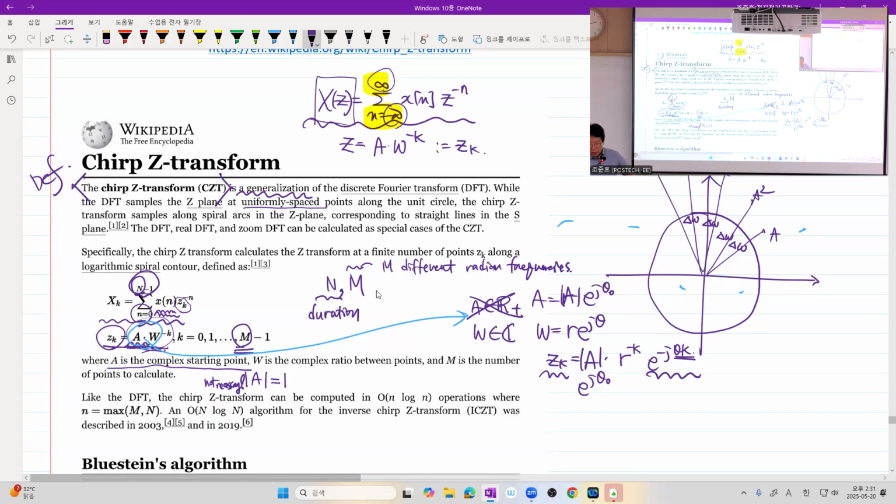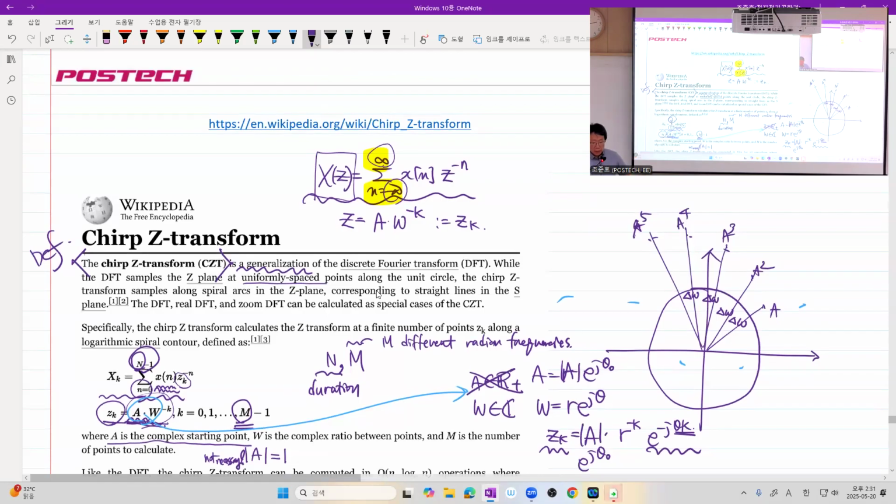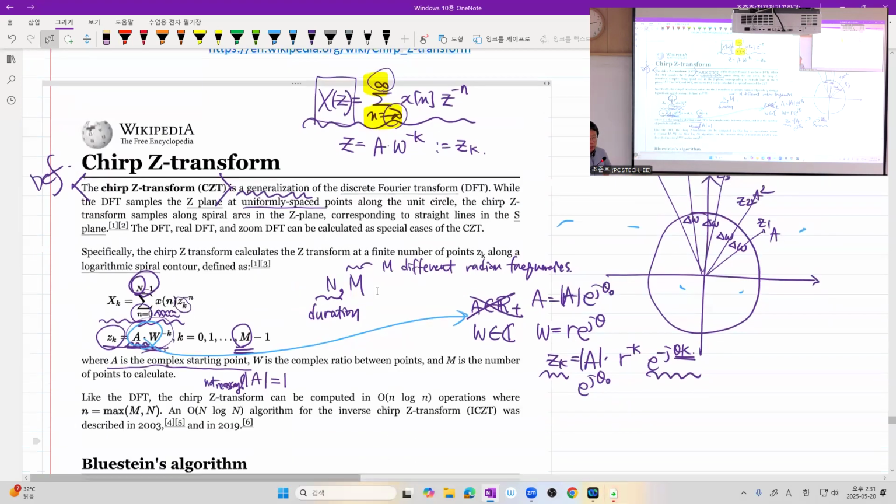So as I've shown here, this Z sub 1, Z sub 2, Z sub 3, Z sub 4, Z sub 5 may have exponentially increasing magnitude, but has uniformly equally spaced phase differences.